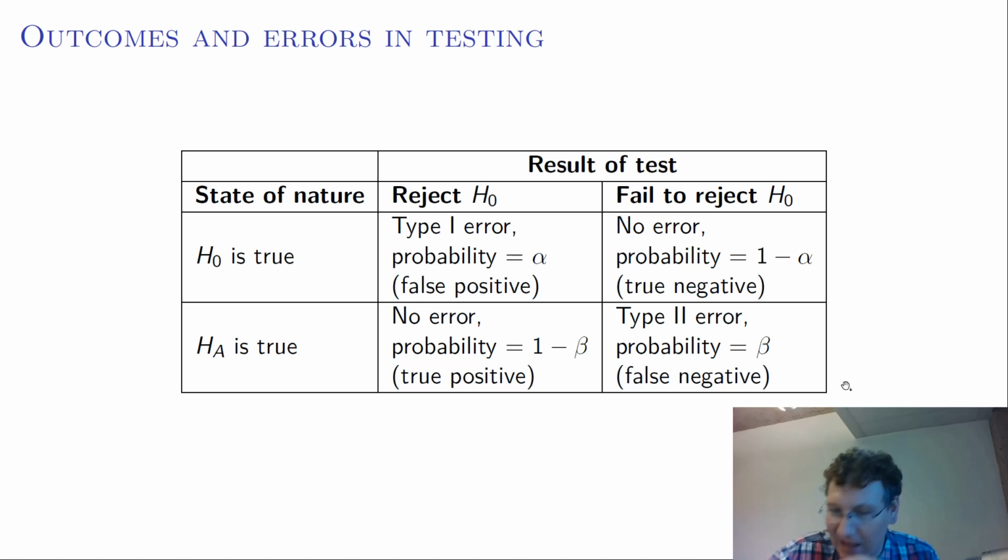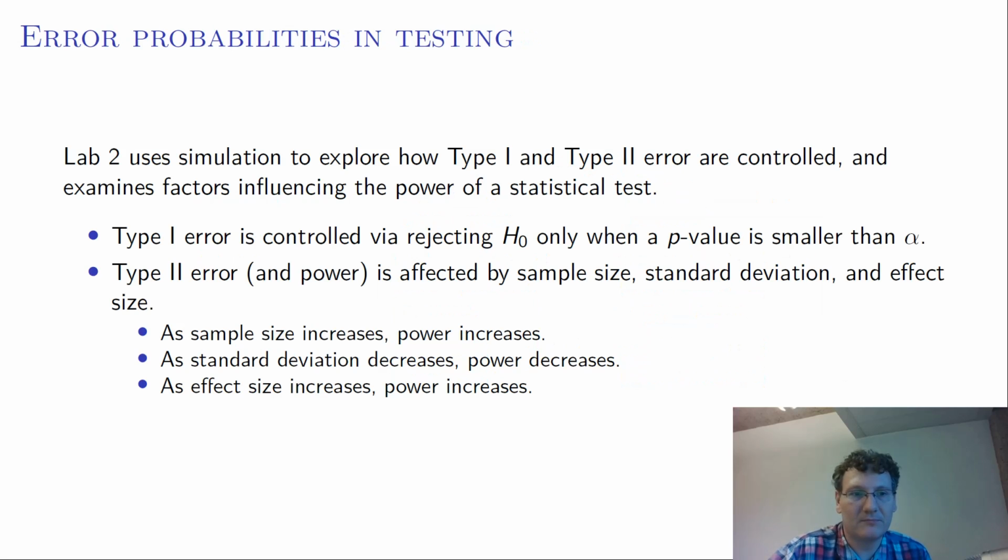Now, generally, you kind of have to choose, do you want alpha to be lower or do you want beta to be lower? The only way to drive both of those down is to just increase the sample size, or to use a more clever test method. But really, the test methods that we're using are the best methods around. So at that point, we just have to increase sample size if you want to bring those down.